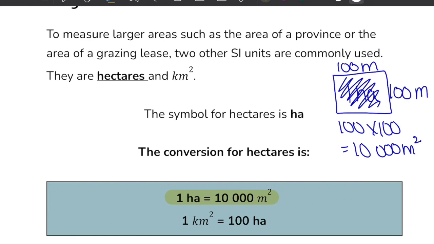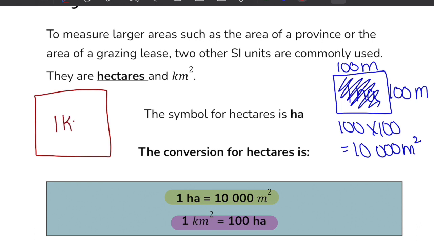Now, in terms of the second fact, 1 square kilometer equals 100 hectares, we're also going to visualize this by drawing a square. And the area of the square is going to be 1 square kilometer. The length of that square will be 10 hectares, and the width would be 10 hectares. So that is a gigantic square right there.